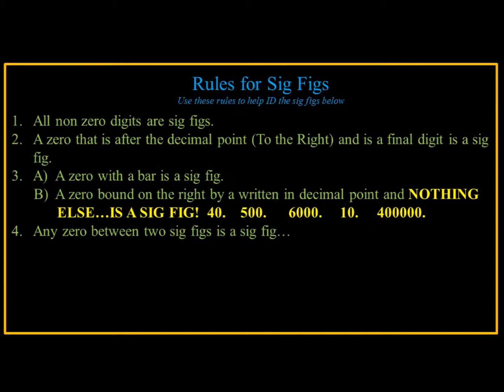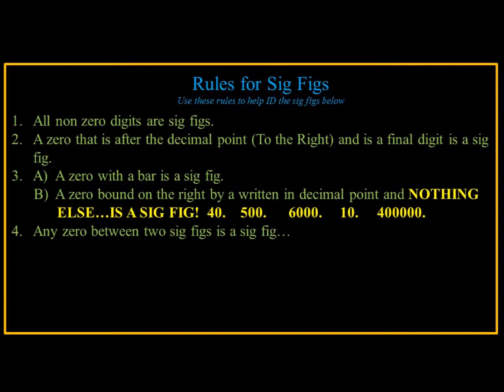You read the number from left to right: 1,234, and that's the decimal point, 12 hundredths. Well, as I read from left to right, the far 2, the digit on the far right, is going to be the final digit.